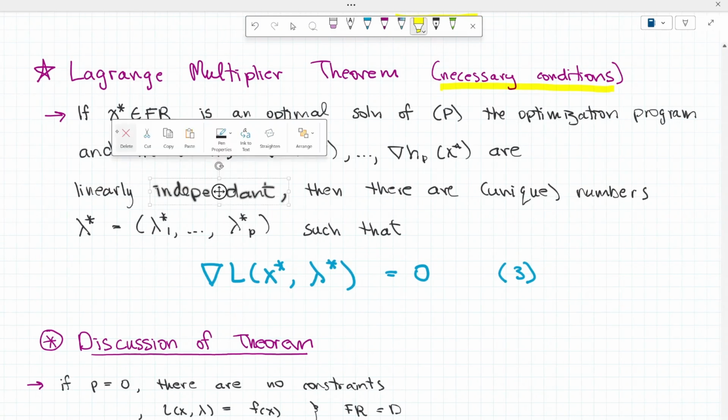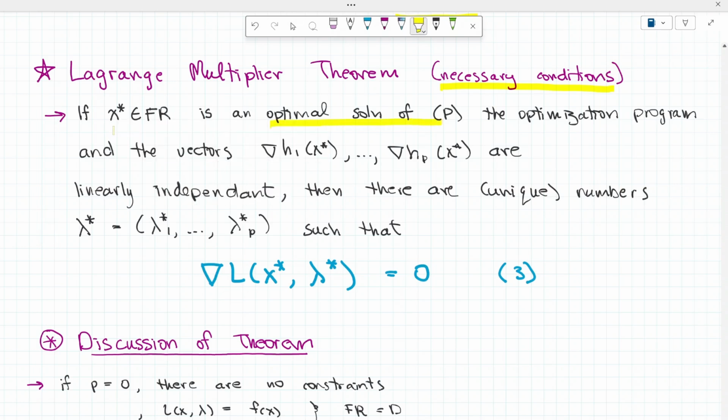If x star, which is an element of our feasible region, is an optimal solution of P, and recall P is our optimization problem that we defined at the beginning, and the gradient vectors of all our constraint functions are linearly independent, then there are unique numbers lambda such that the gradient of our Lagrangian equals 0.